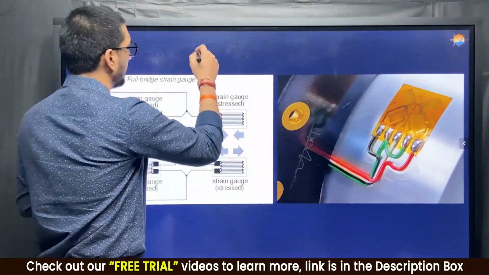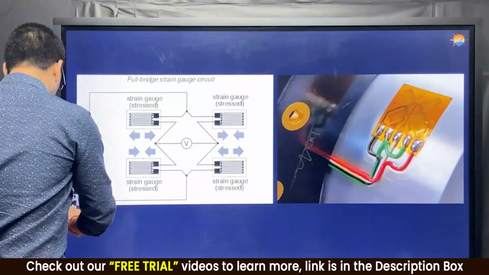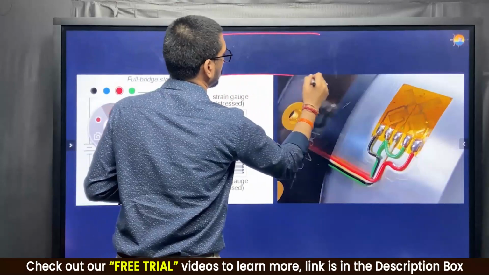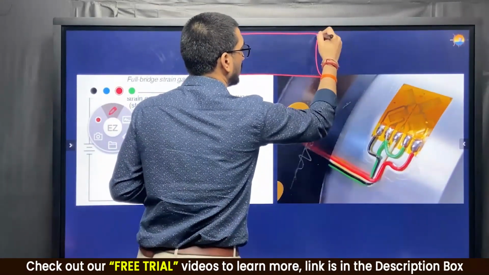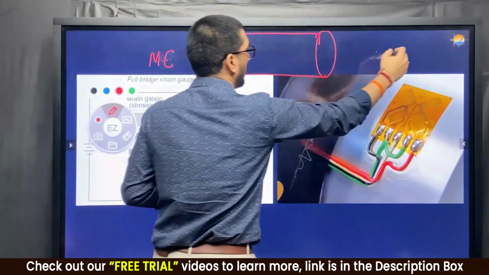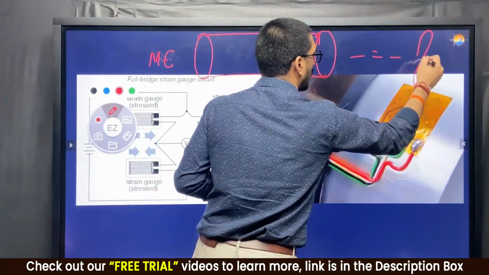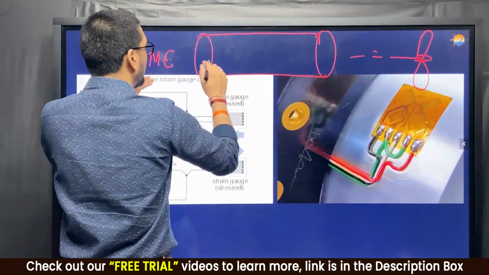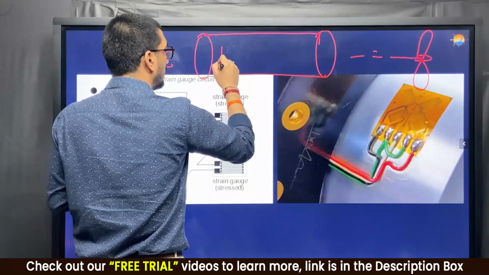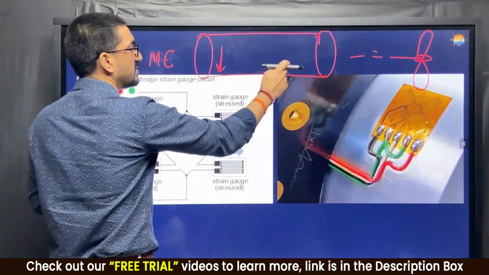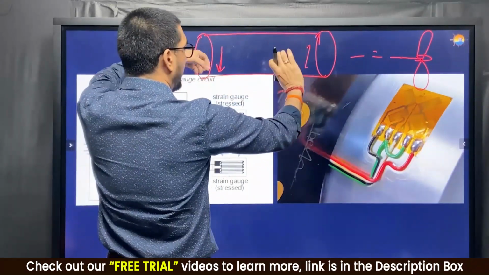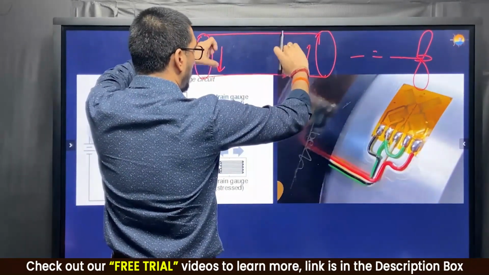So if I take a shaft, let's say this is a shaft here, this side you have the main engine, and this side you have the propeller of the ship. Let's say the main engine is trying to turn it this way, but the propeller doesn't want to go, so it will resist the motion this side. This will create a torque or deformation like this.